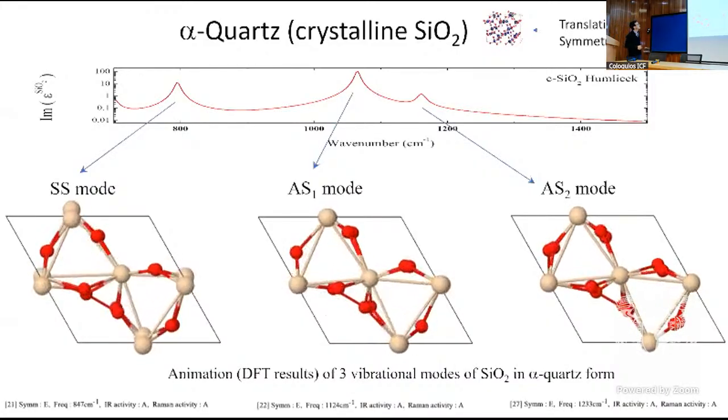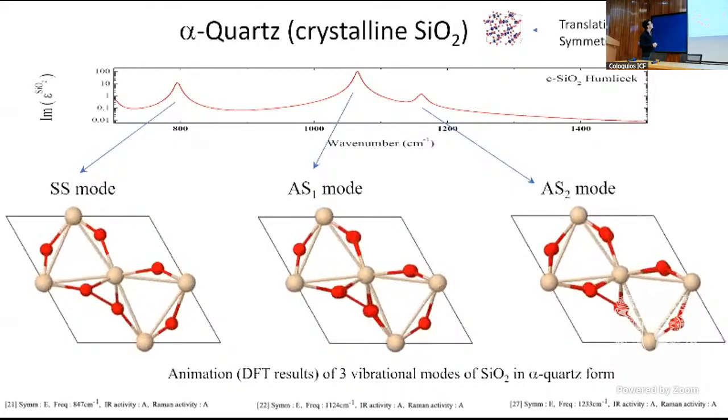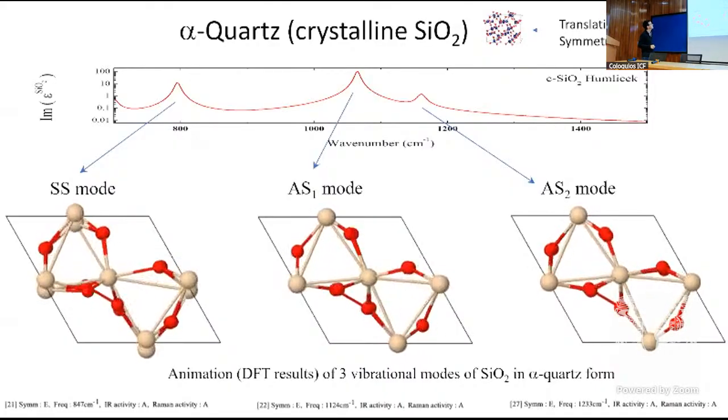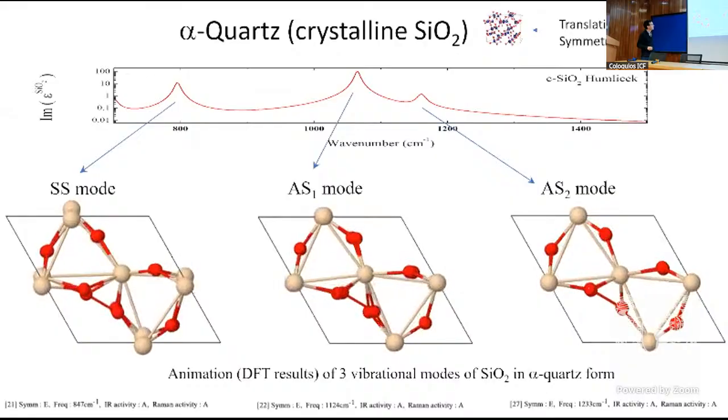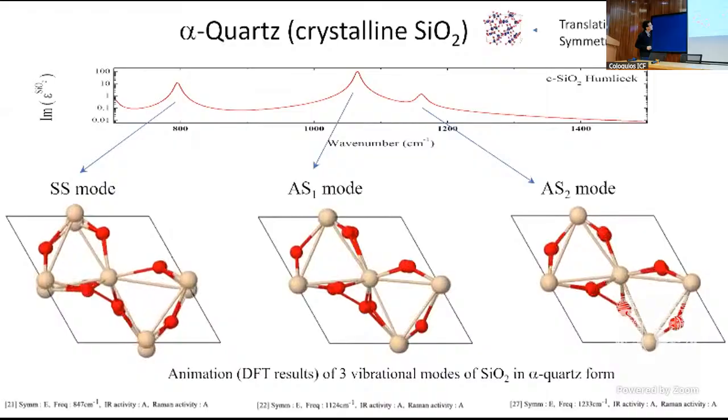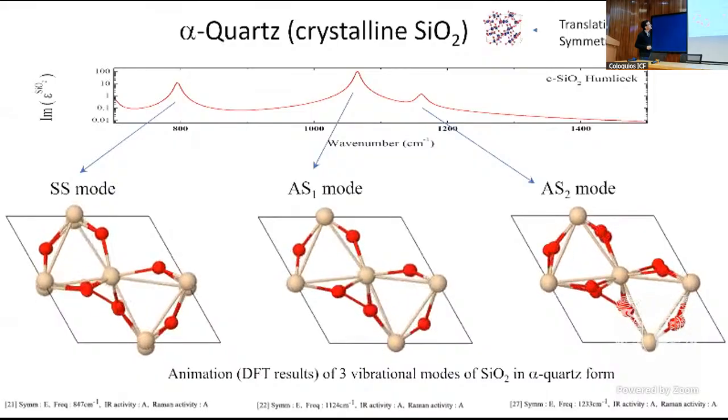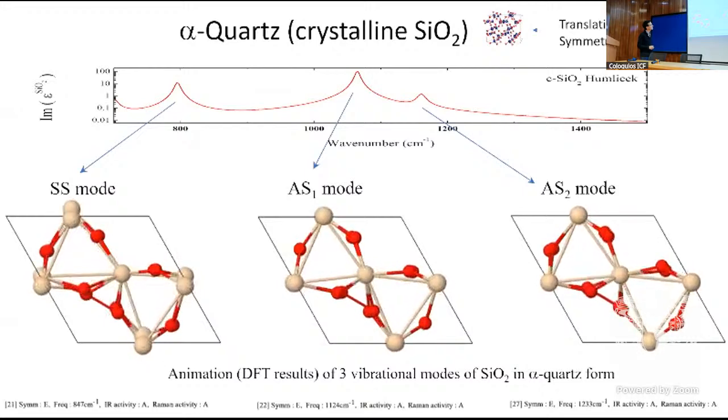So here you see, I plotted this experimental data, the imaginary part of the permittivity, and you see those different frequencies corresponding to different modes. These are calculated by density functional theory. Here, actually, we have two of the silicon atoms. You can only see one here because they are oscillating together.